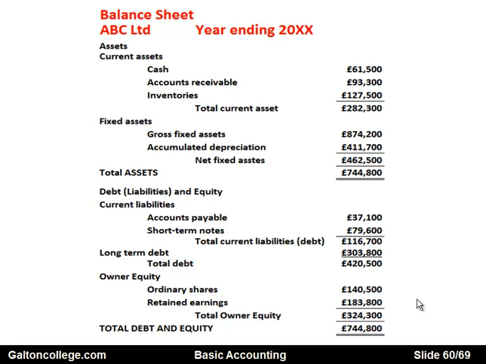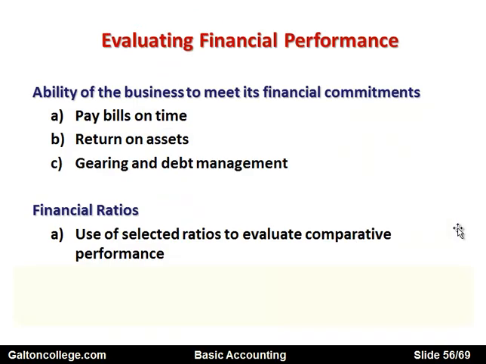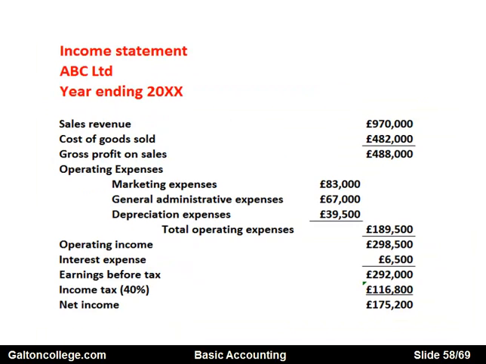It's still available to the business, giving the total owner's equity of 324,300. Now, if we add the 324,300 to the 420,500, then we get 744,800.